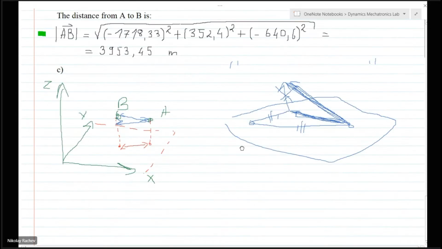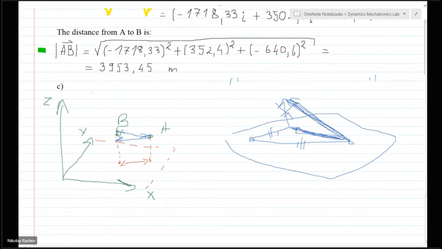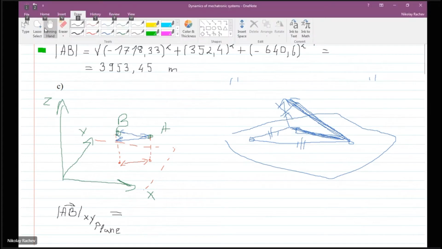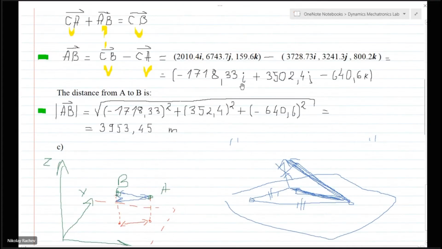So in our case, as we just explained, I will denote it like that: the absolute value of AB, but I will leave it as the X, Y plane here. So there is a difference, of course. Write the equal sign, and I will rewrite the very same values for the results here.